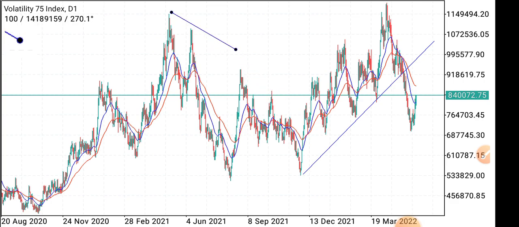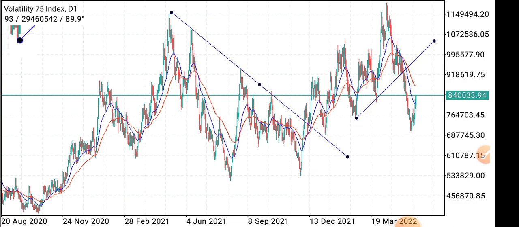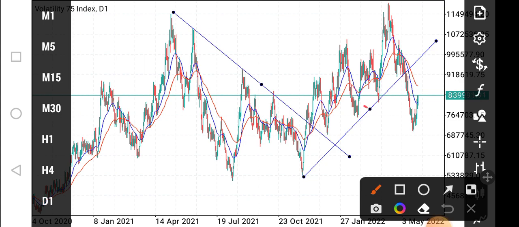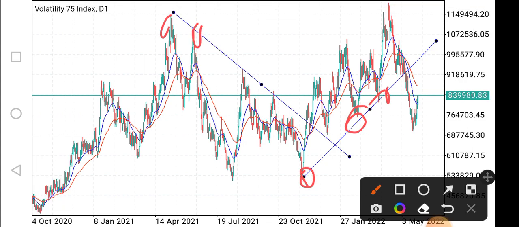This one here is a resistant, support area, rather, resistant area. While this side there is a support area, so you can see for yourself. That's all the spots here, here, here, here, here.